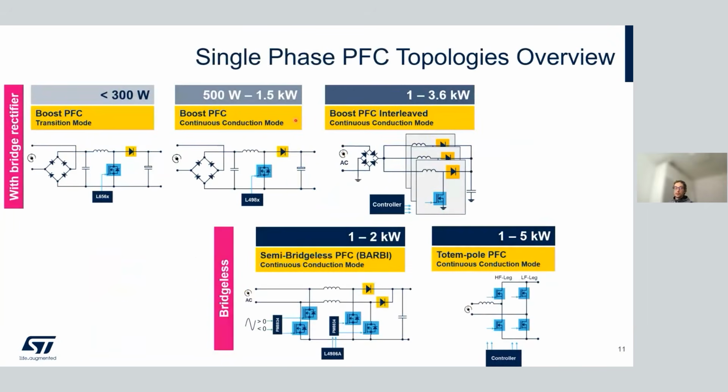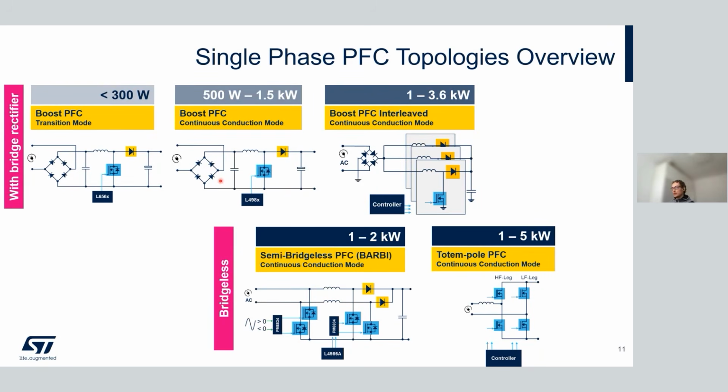So that's all. It's the easiest topology we have, and with the different current modes, we can extend this topology for the wide range of power. For the lowest power, we are using a transition mode. We will comment in the next session what it means.